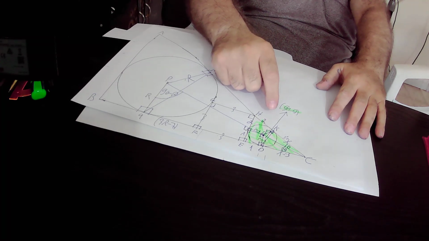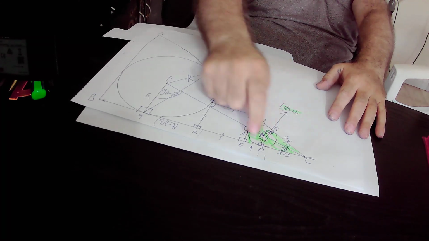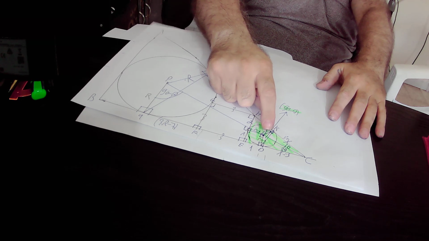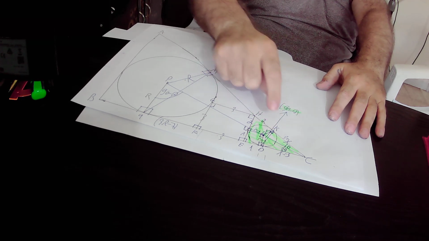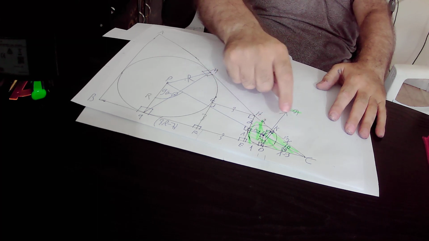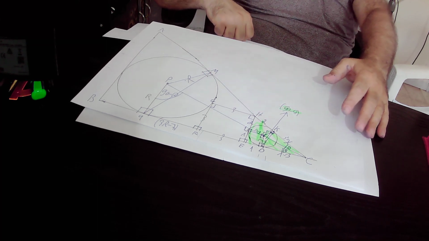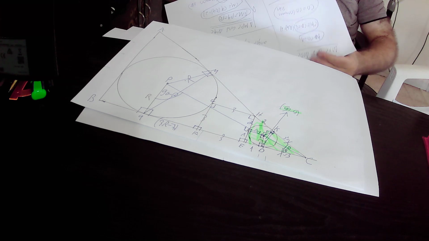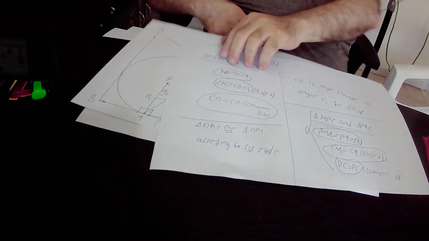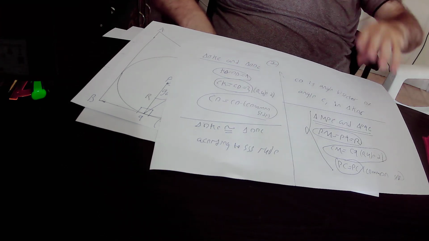In addition, we know that CK equals CD, they are both equal to 3 units according to rule number 2. And finally, CO is a common side that belongs to both triangles, so CO equals itself. So we actually proved that the two green small right triangles are congruent according to the side rule.